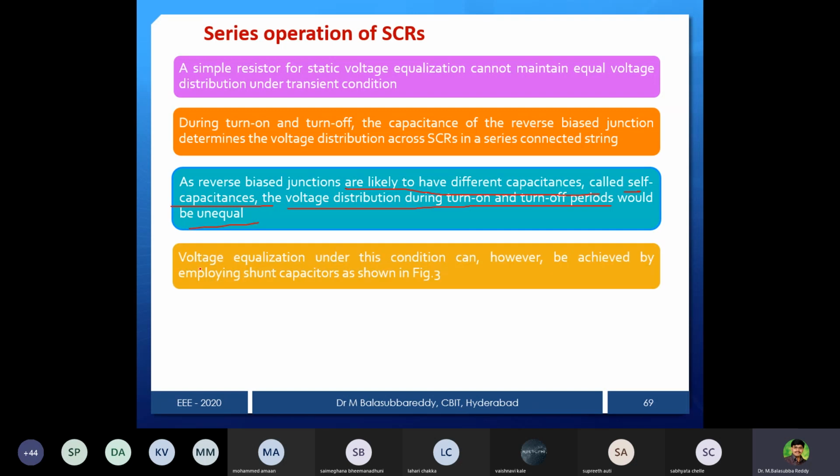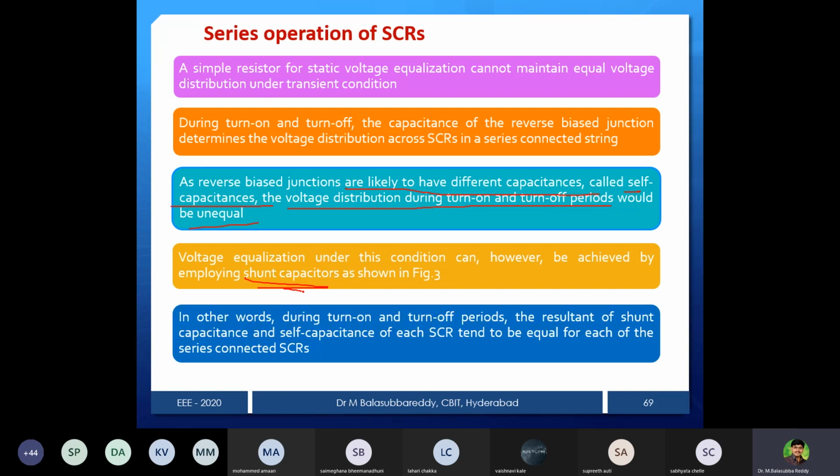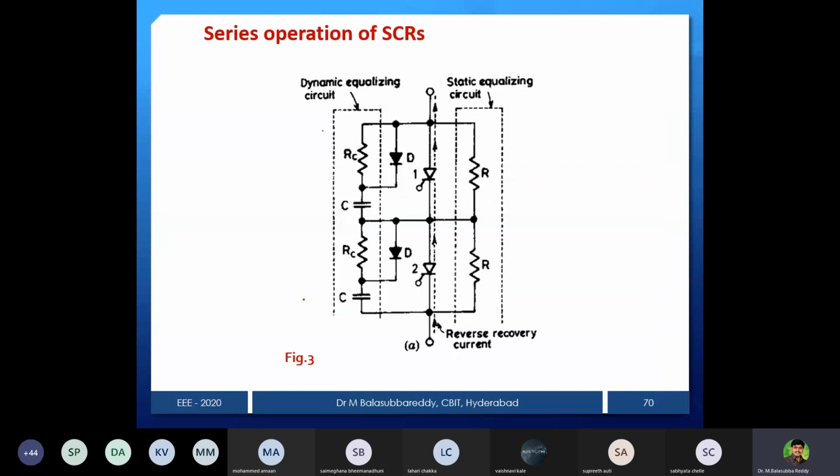Then you get equal sharing. For that, you have to calculate a shunt capacitor value such that, when connected in parallel, we get equal voltage sharing during on and during off. The resultant of the shunt capacitance in parallel with the self capacitance of each SCR must be the same.